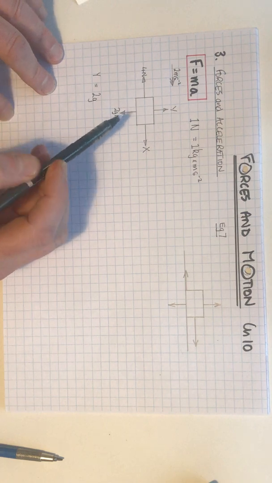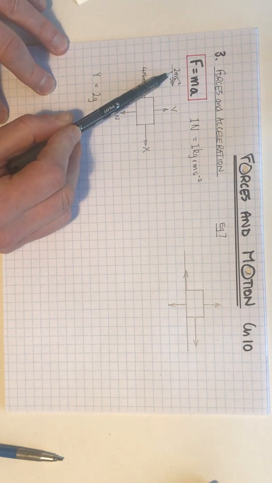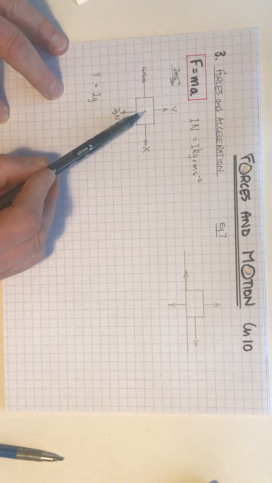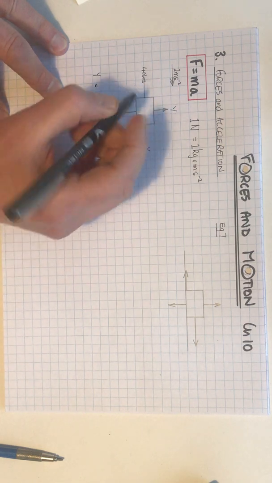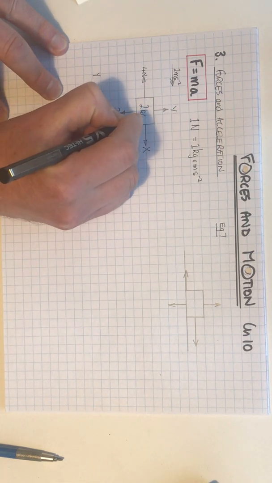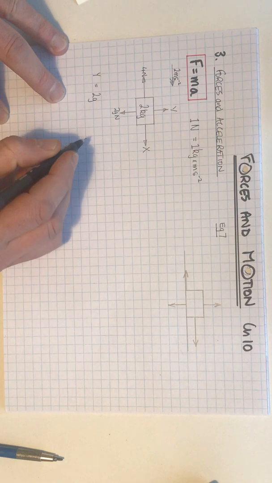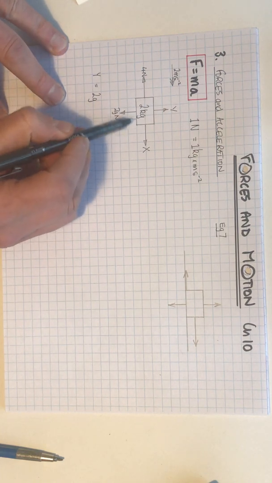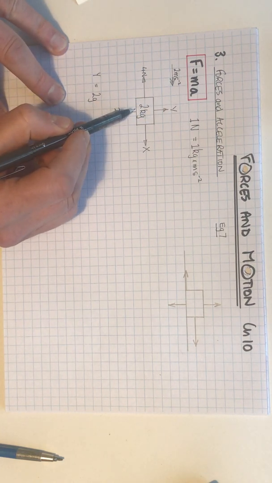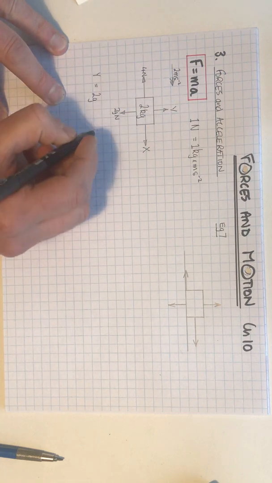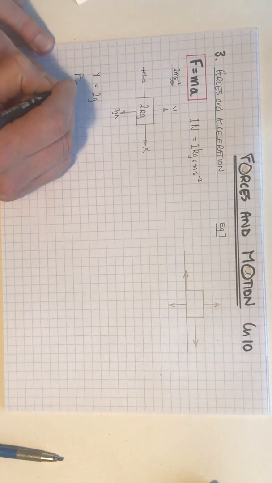Now, as it's accelerating at 2 meters per second squared and the object weighs 2 kilograms, F equals ma.